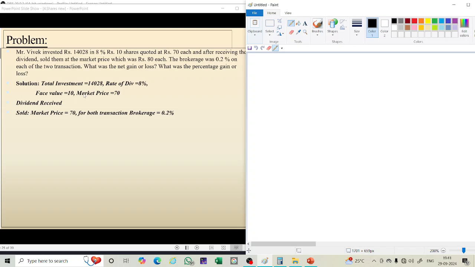For purchase price we require market price and brokerage. So market price is 70 and brokerage is 0.2%. So market price into rate of brokerage upon 100. From this we get brokerage. Therefore purchase price of one share is equal to 70 plus this, which is 70.14.